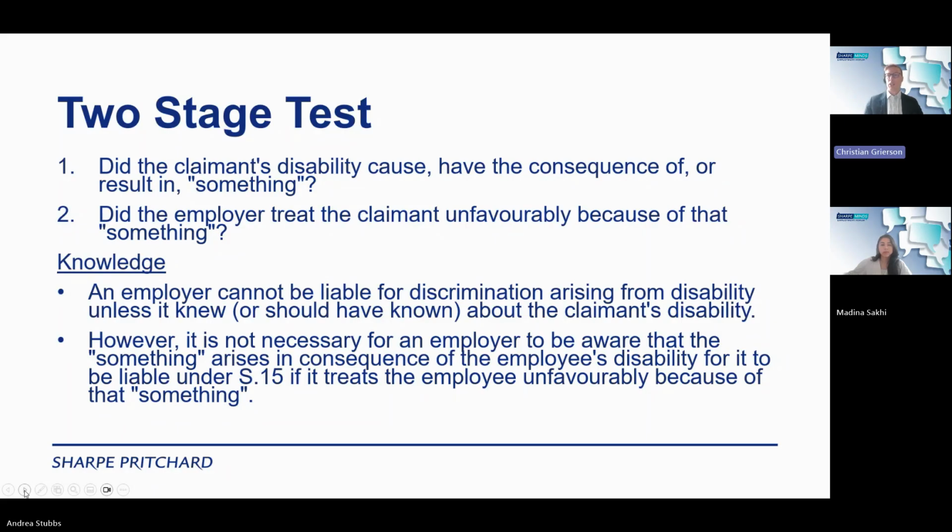And so that goes back to what I was saying just then, which is it's different to direct disability discrimination because we are not looking at direct conduct, but the something arising from the disability. Knowledge is a potential defense to this claim. So an employer is not going to be liable for a Section 15 claim unless it knew or should have known about the claimant's disability.